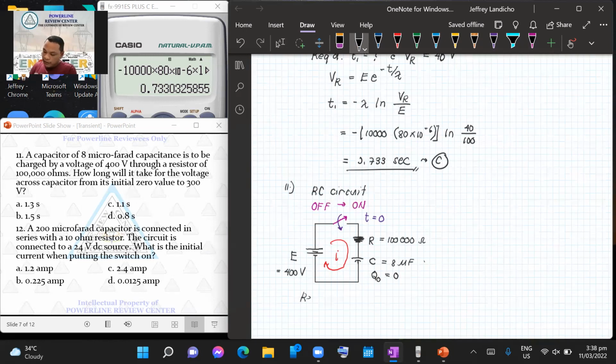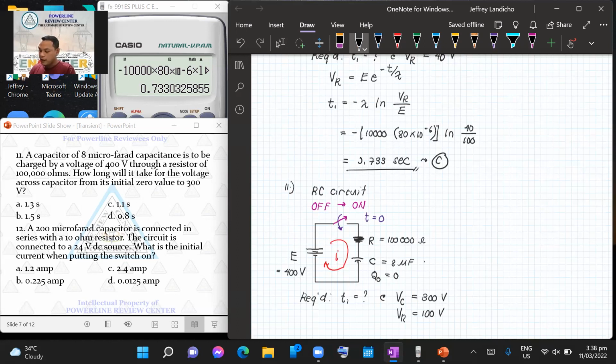So, hinahanap ngayon, how long would it take, simula ng i-close yan, at which the voltage across the capacitor will become 300 volts? So, if voltage across capacitor is 300 volts, therefore, the voltage drop across R should be equal to 100 volts.